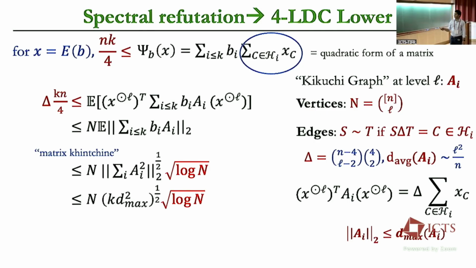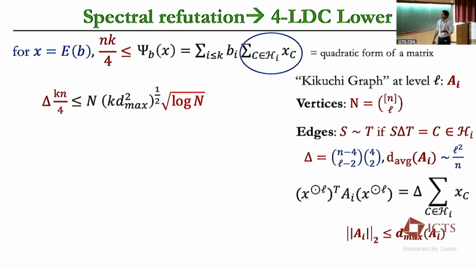I'm summing up k things. By triangle inequality, the spectral norm of this sum is at most k times d max squared. And then I took the 1/2 part. All I wanted to observe is that these are all simple upper bounds. We are doing nothing complicated so far, and we're never going to do anything complicated. So that's the upper bound we have come up with.